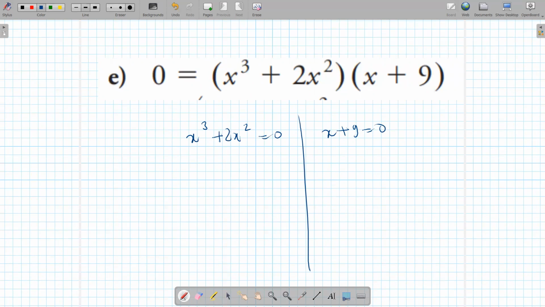If x plus 9 equals 0, what's x? Negative 9 plus 9, yeah, so just x is negative 9. That's going to be one of the answers. What about this one? How do we solve this cubic equation for x?